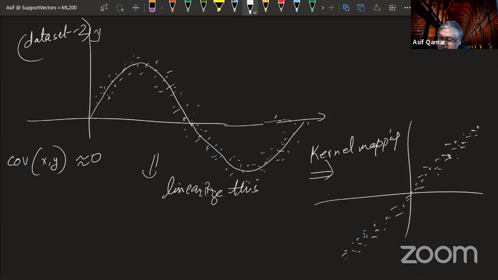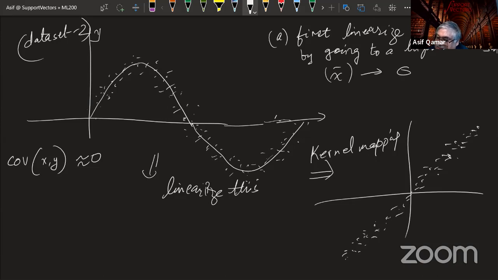First, linearize the problem by going to a higher dimension, so x goes to some phi of x.